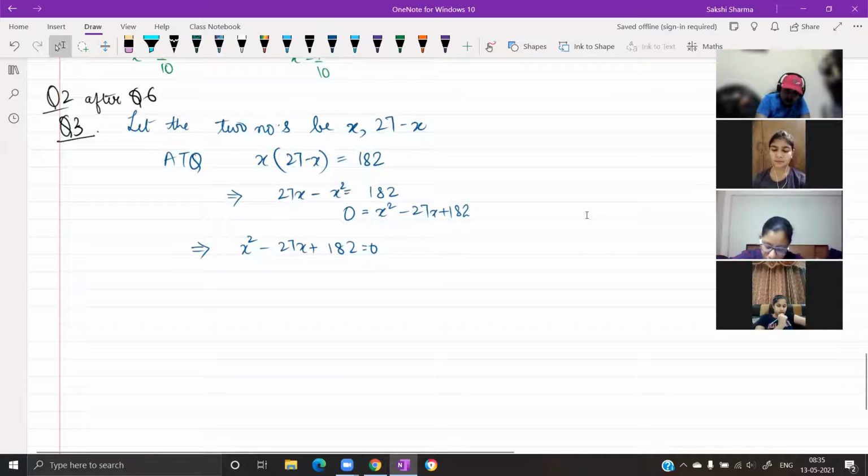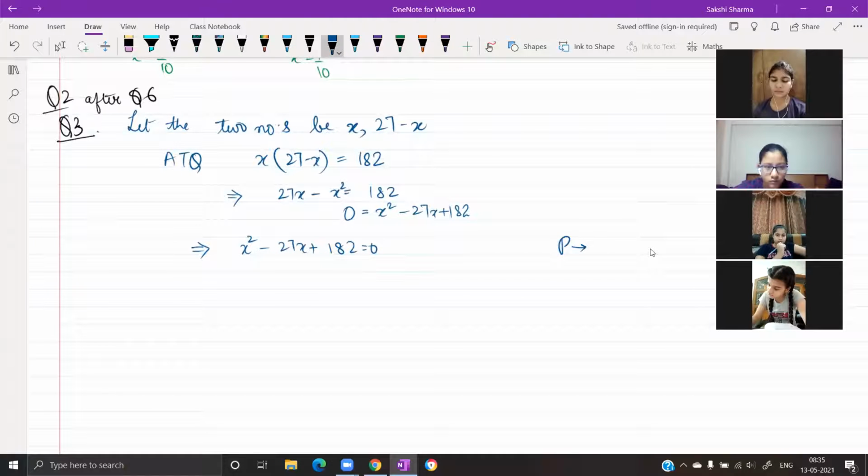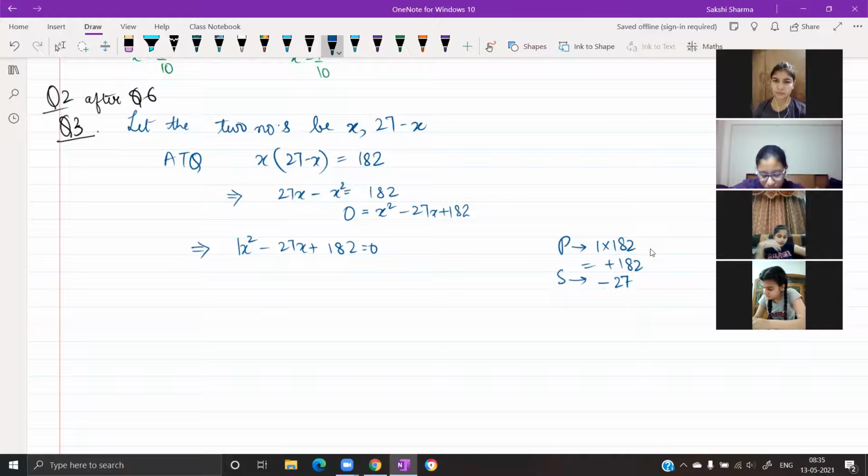Those who still have trouble with factorization, they may proceed by writing down what is the product we need and what is the sum required. The product will be equal to 1 into 182. We require the product to be positive 182. The sum should be minus 27. You can obtain the factors of 182 and then decide how you'll split your middle term. आपको जितना product चाहिए उसके factors बनाना.